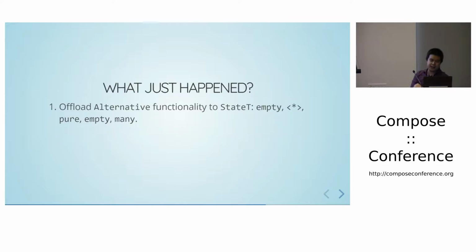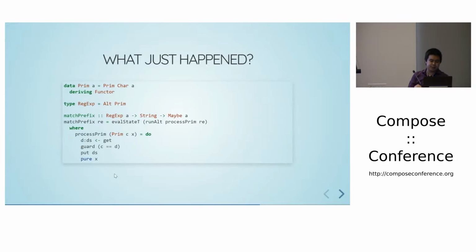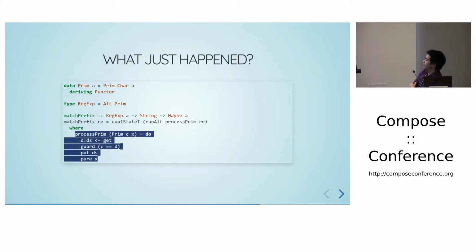If we provide just how to handle the primitive, then StateT, or the free Alternative, will handle the rest for you. That's what's free: in handling the one thing, we get the other 5 things for free.